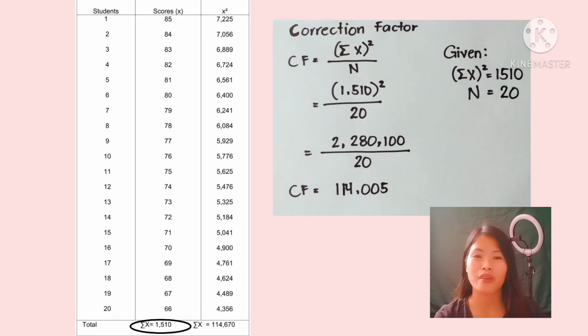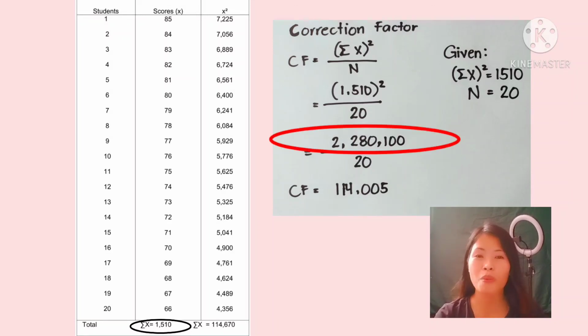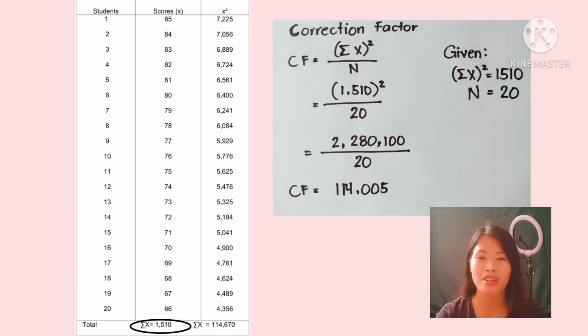The first thing we need to do is get the square of 1,510. 1,510 squared is equal to 2,280,100. So now we have 2,280,100 divided by 20.